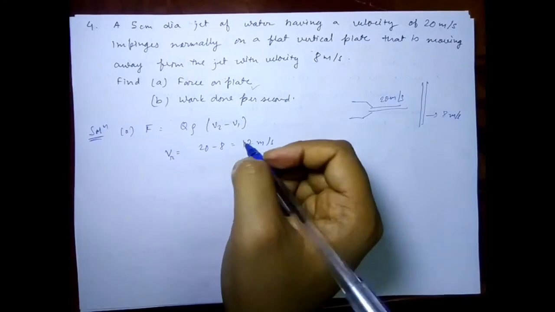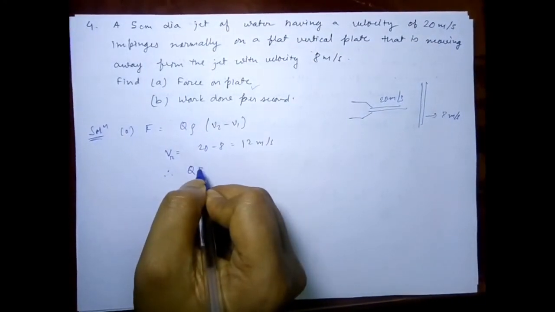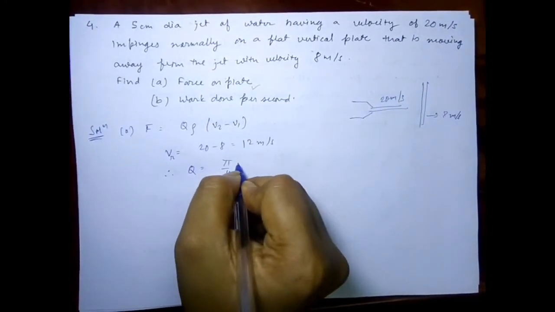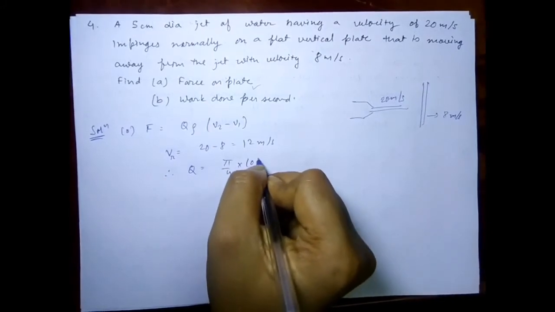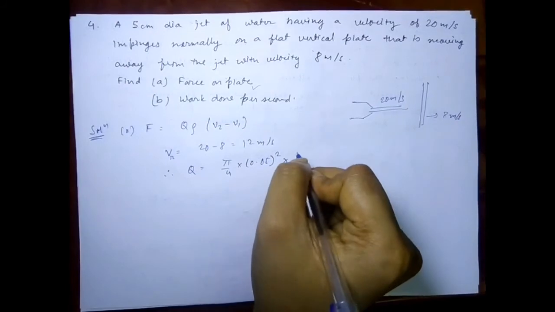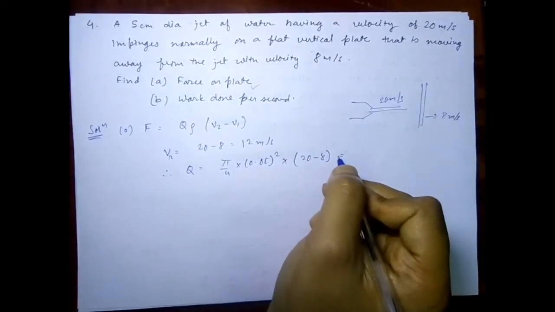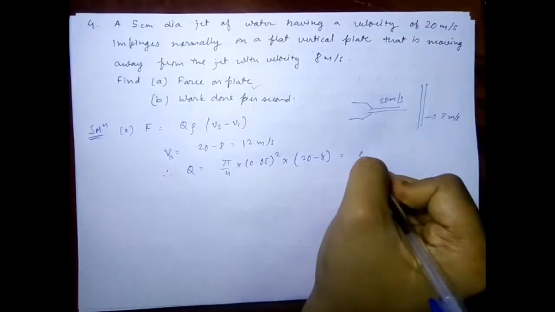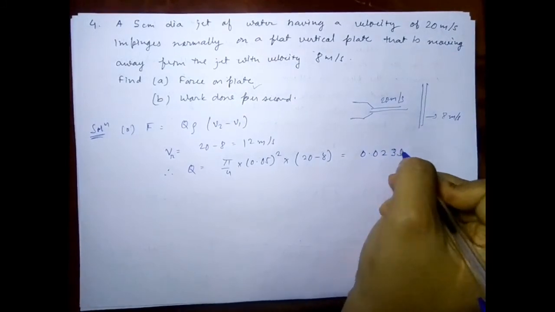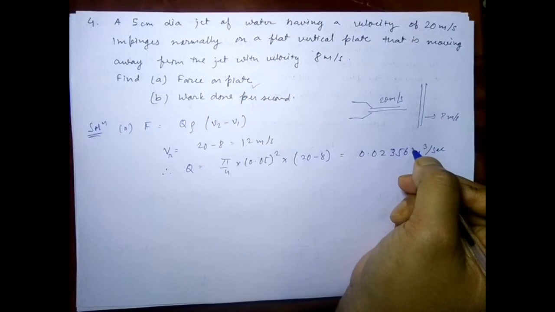So the discharge Q is equal to pi by 4 times 0.05 square, this is the area, times the velocity, that is 20 minus 8, which is 12, and therefore the discharge is equal to 0.02356 meters cube per second. So this is the discharge.